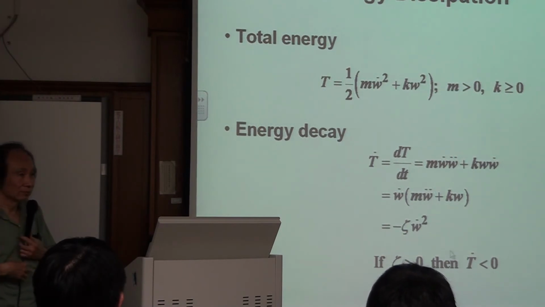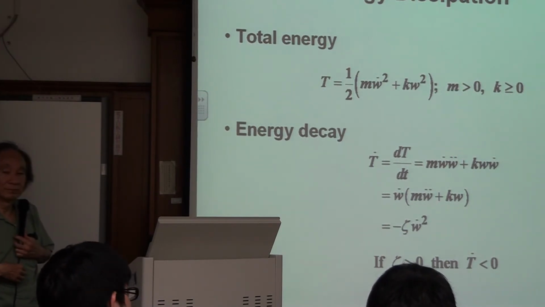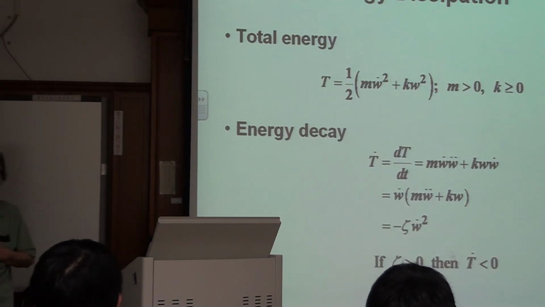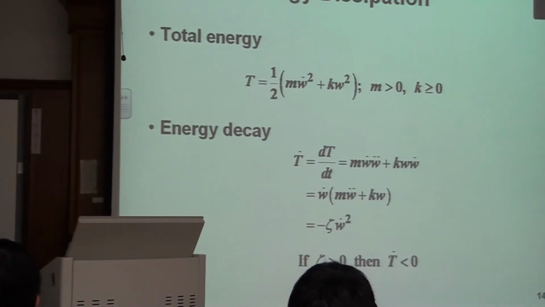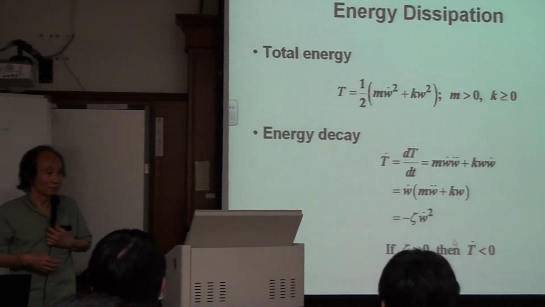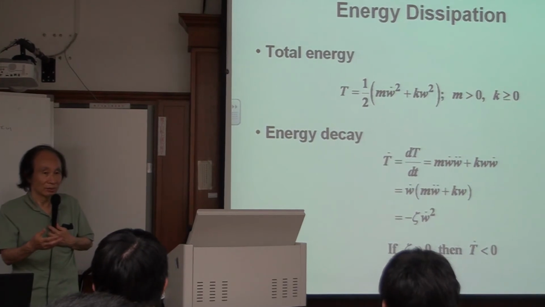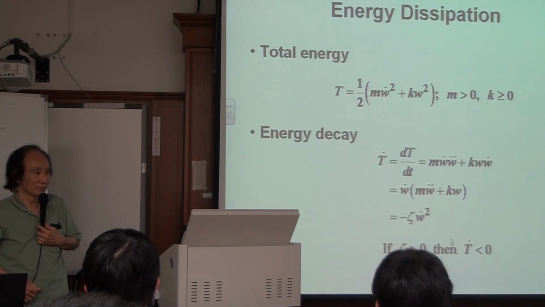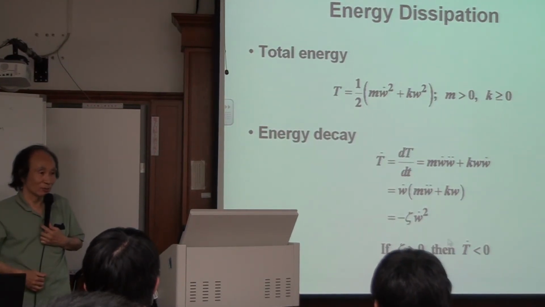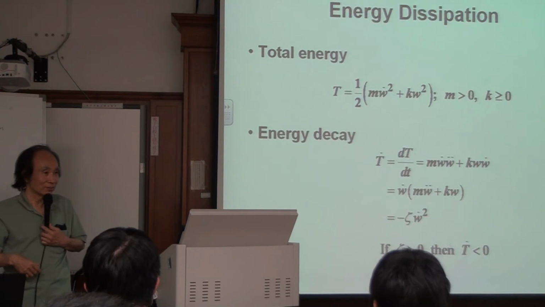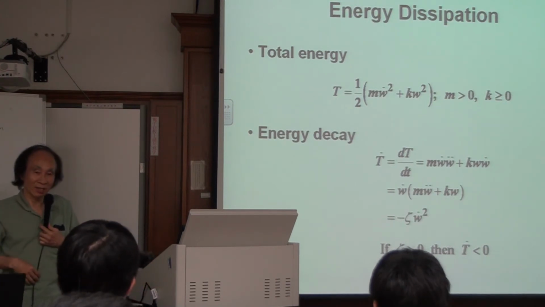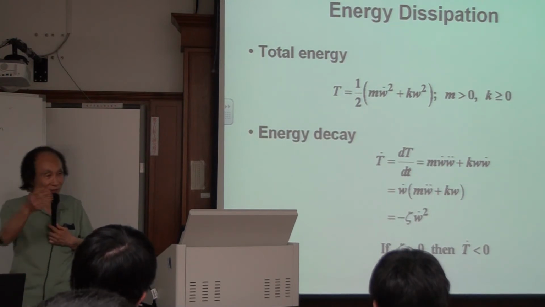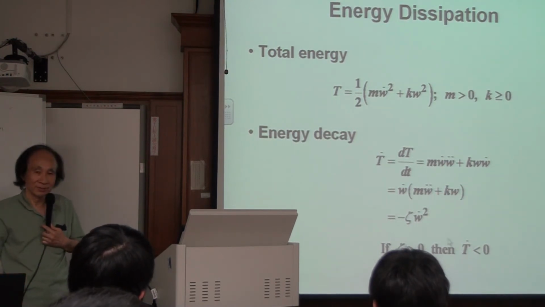Is there any way I can do it? Because we know that there's no decay unless we have a velocity. But unfortunately, your teacher provides you only the displacement device. You may go back to your teacher and say, I'm sorry, I cannot do it. Buy me a velocity sensor so I can have energy decay. But your teacher said, no. That's all you get. What can you do? Any way you can do it?